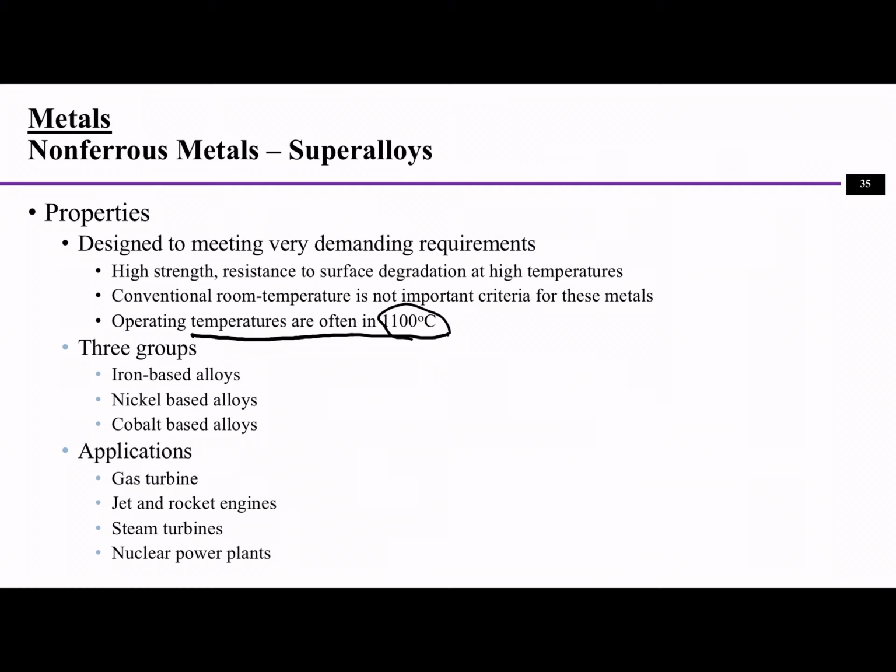Those applications are, for example, gas turbines, jet and rocket engines, steam turbines, and nuclear power plants. Three different groups of alloys are commonly used: iron-based alloys, nickel-based alloys, and cobalt-based alloys.